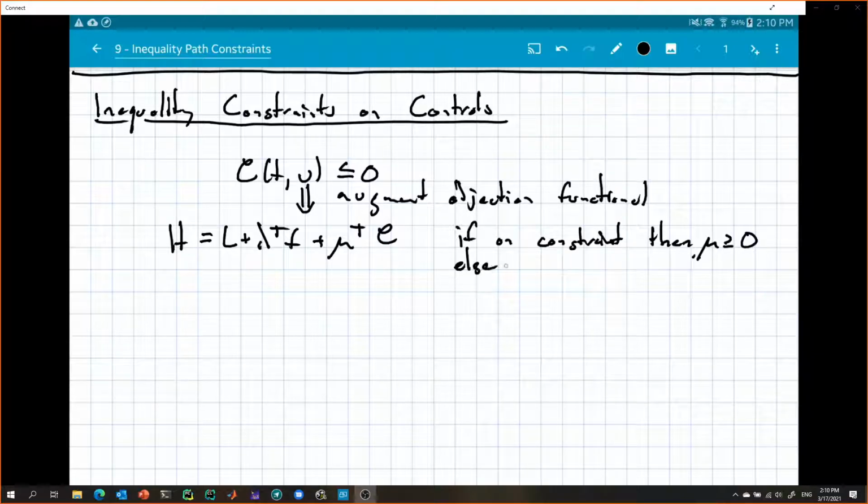This corresponds to C equal to 0. Else, this corresponds to C less than 0, then mu is equal to 0.